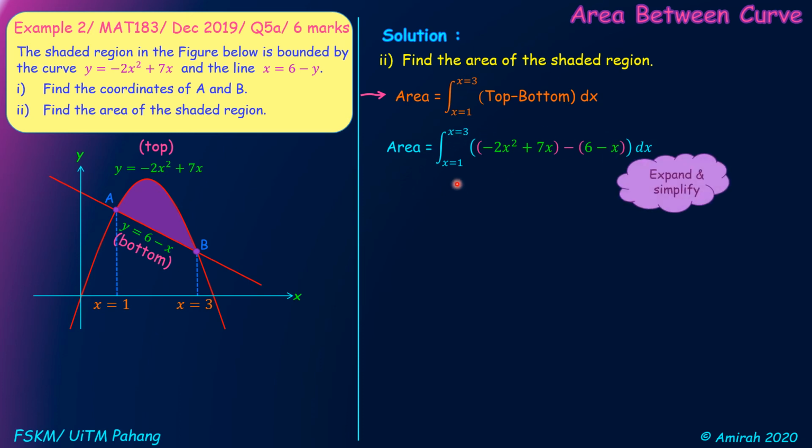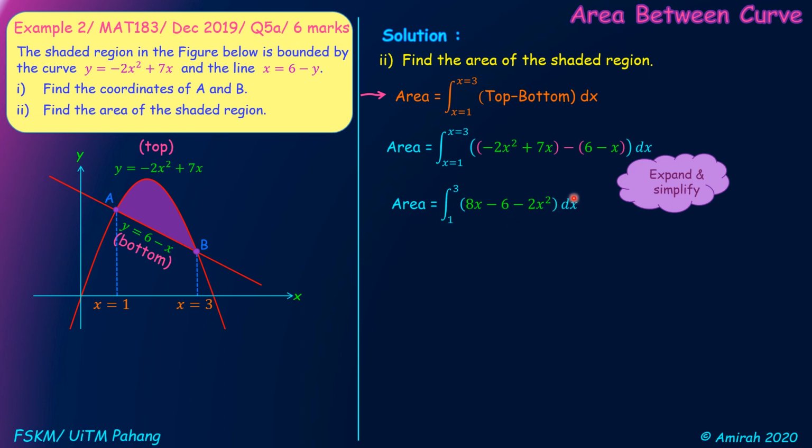After that, we need to expand and simplify. Then we get area equals the integral from 1 to 3 of 8x minus 6 minus 2x squared.